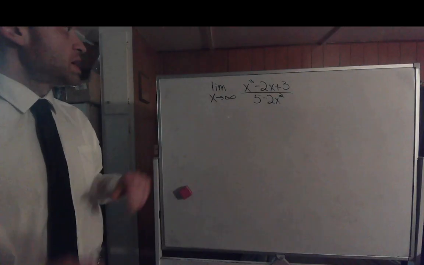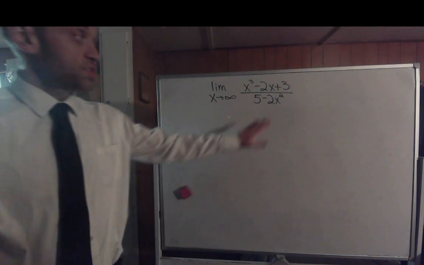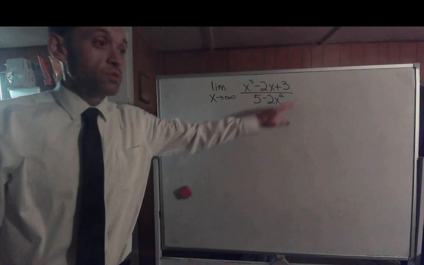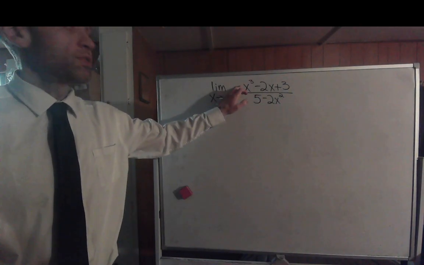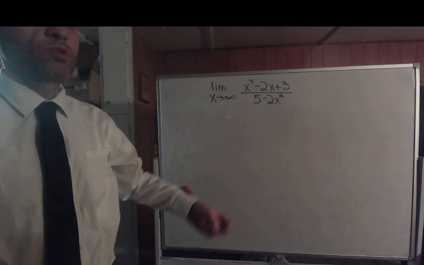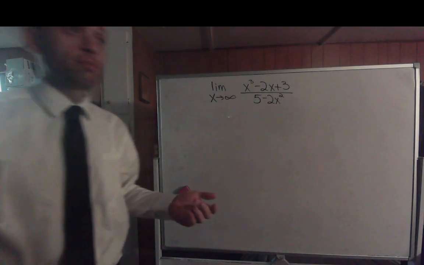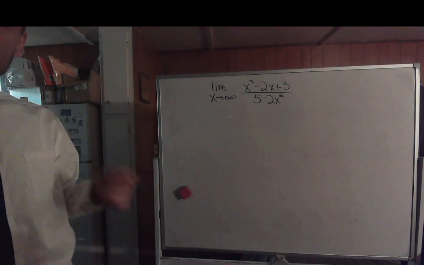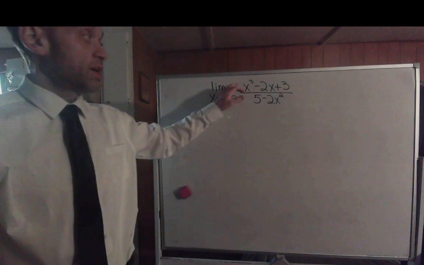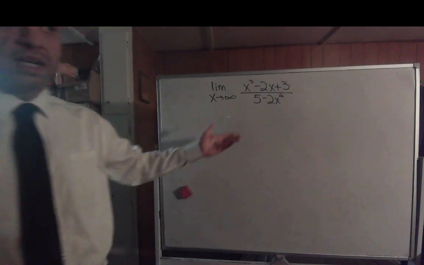Well, if you notice, the highest degree of the denominator is 2, the highest degree of the numerator is 3, so the degree of the numerator is greater than that of the denominator. So what does that mean? That means that the numerator is increasing faster than the denominator.